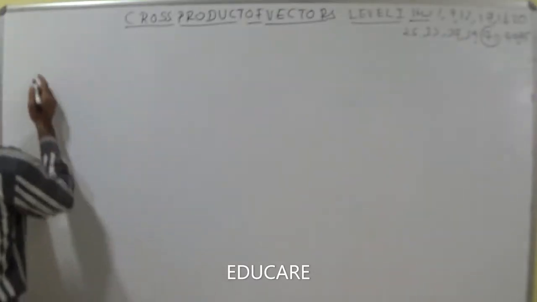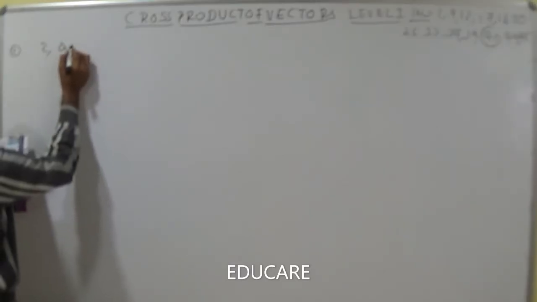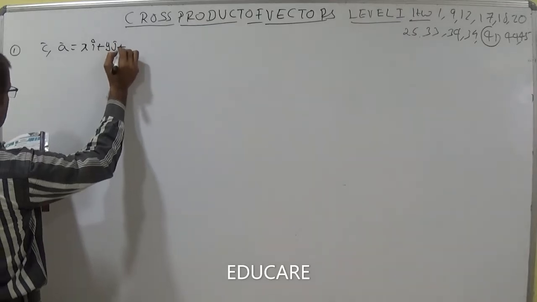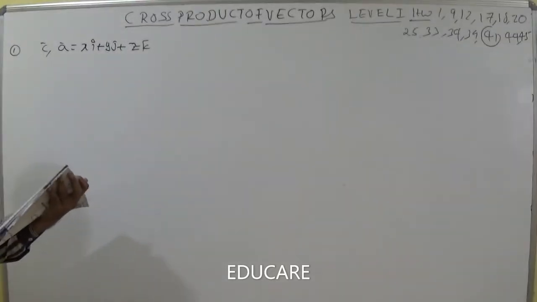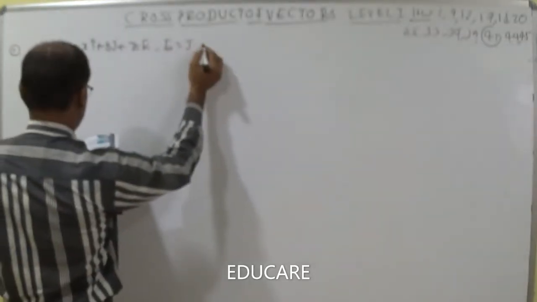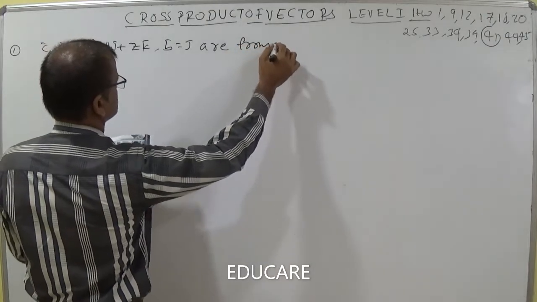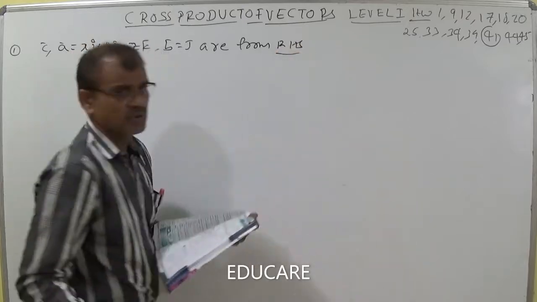So let us discuss the first question. If the vector C bar is equal to Xi bar plus Yj bar plus Zk bar, and B bar is equal to J bar, forms RHS. RHS means right-handed system.